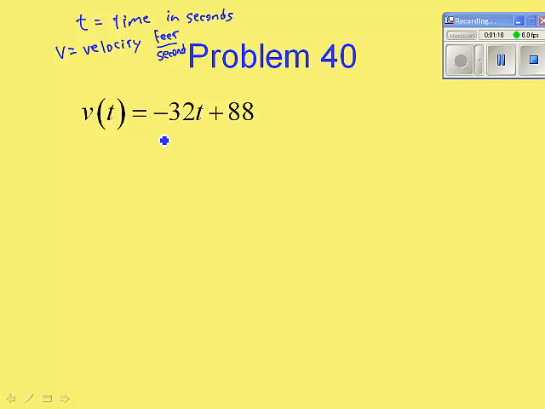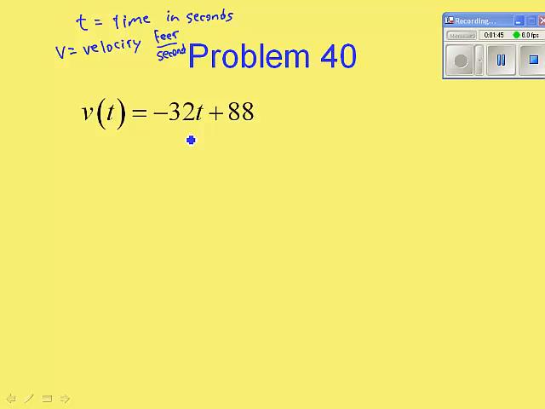But anyways, this models a falling object. It tells you how fast the object is moving. Actually, this is an object thrown up in the air. That's what it really is. So if you threw an object up in the air at a certain speed, actually I know what speed it is too. This would tell you what happens to the object over time.